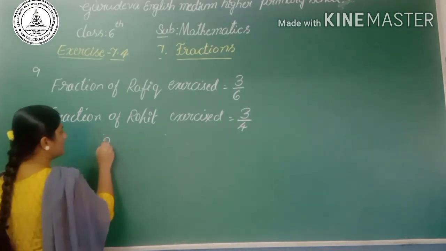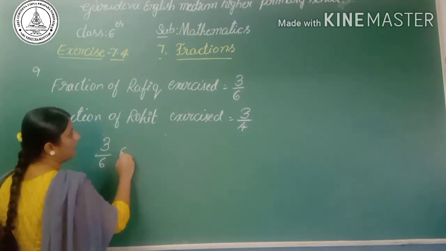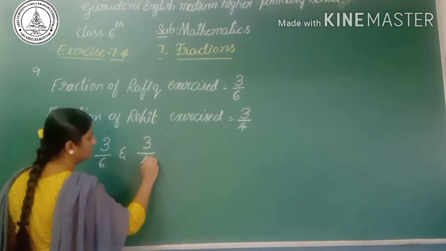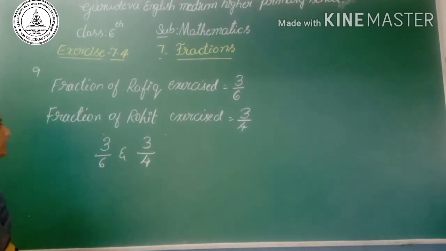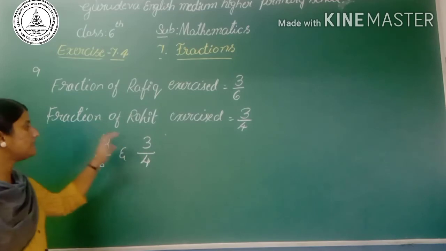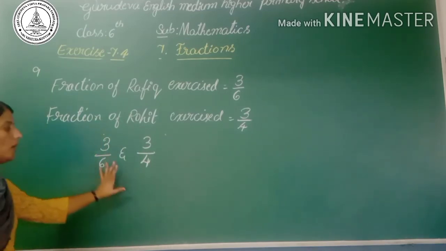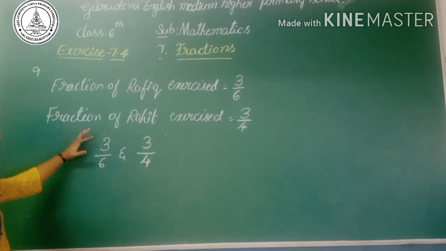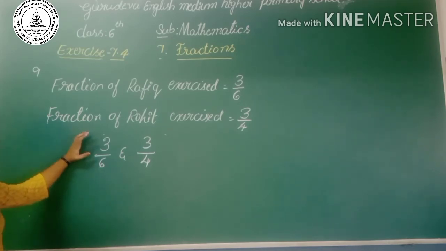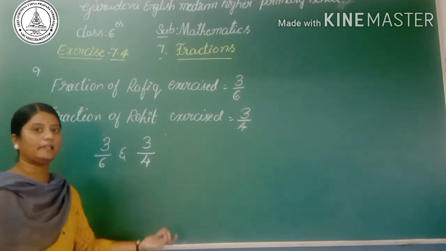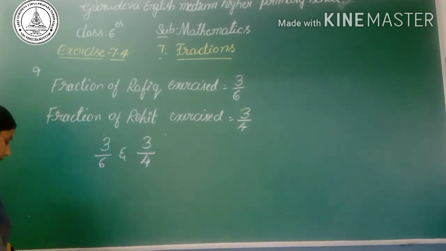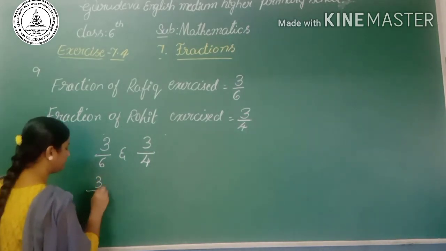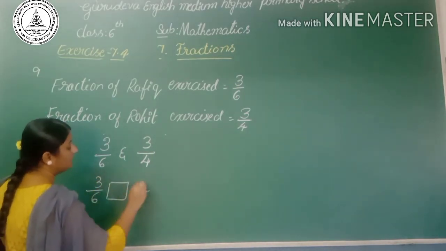The two given fractions are 3 by 6 and 3 by 4. Right? See here, these two fractions have the same numerator and these two are unlike fractions. Then which fraction has the lesser denominator? That is the greater fraction.